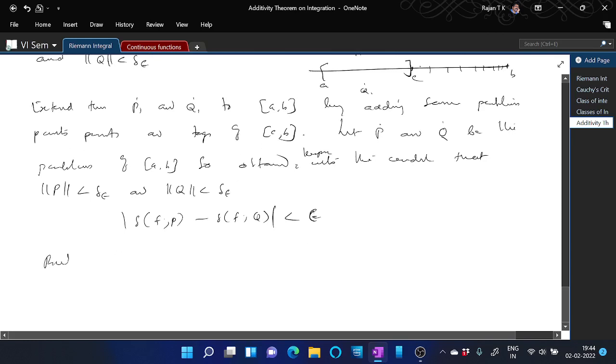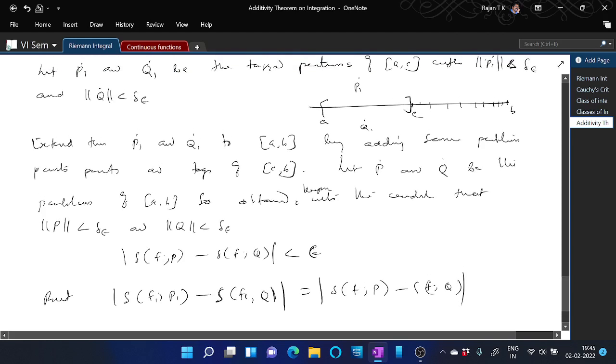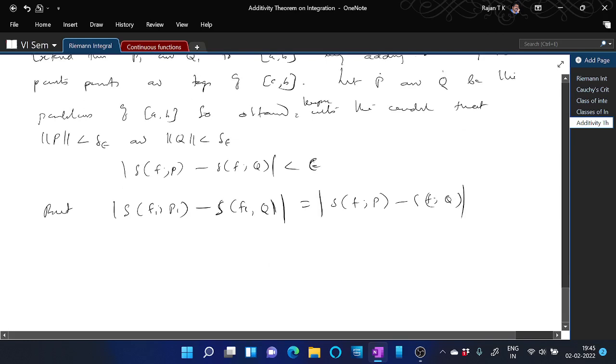But modulus of S_F1(P1) minus S_F1(Q1) is the same as S_F(P) minus S_F(Q), since we have added the same partition points and tags to P1 and Q1 to get P and Q, so that gets cancelled.